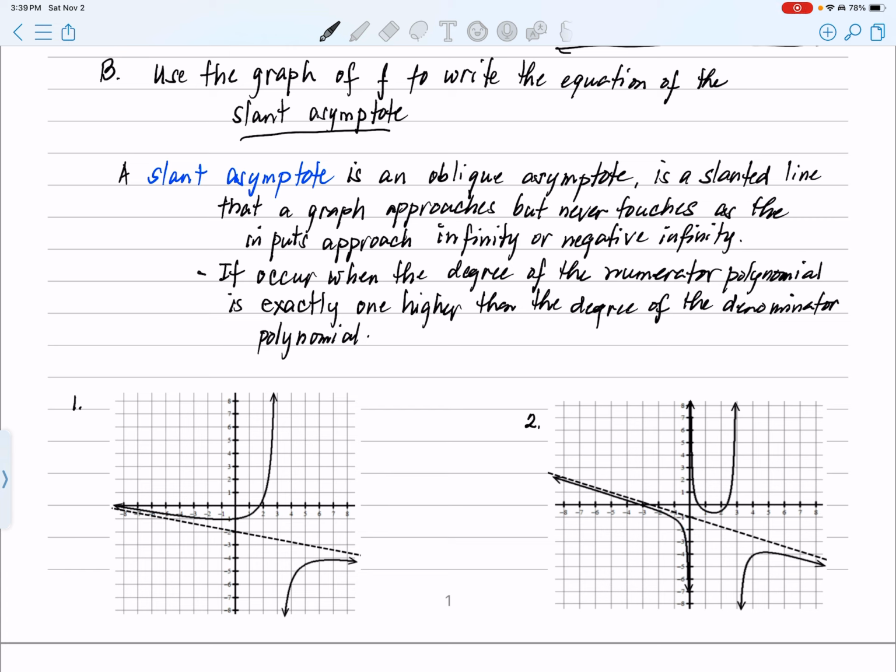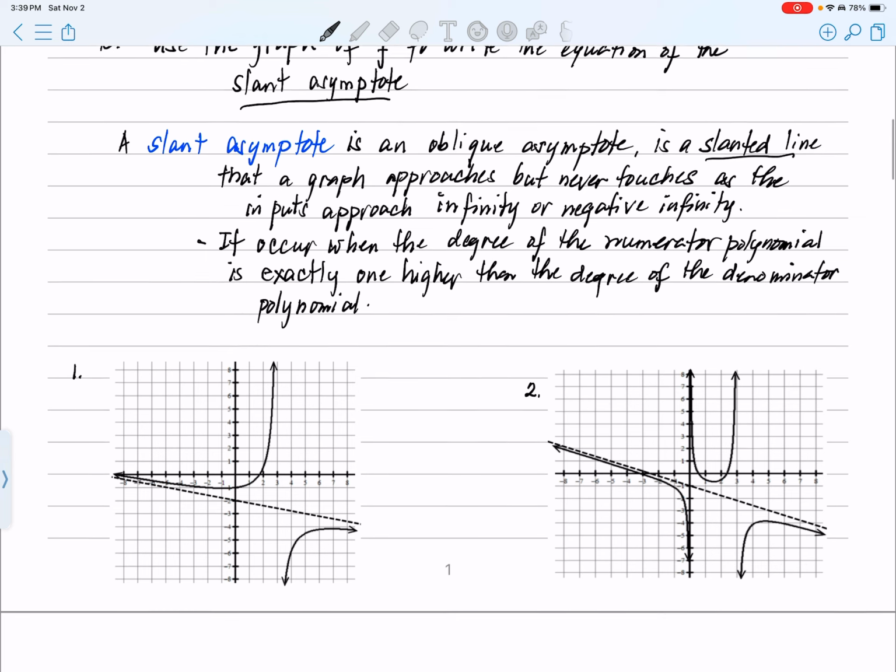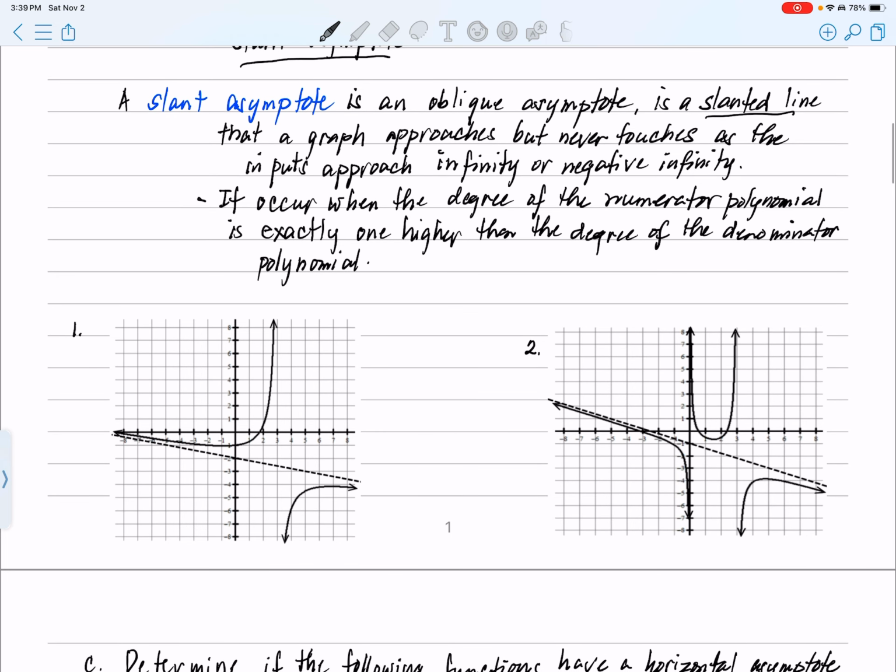It is a line that a graph approaches but never touches as the inputs approach positive or negative infinity. When does a slant asymptote occur? When the degree of the numerator polynomial is exactly one higher than the degree of the denominator polynomial.